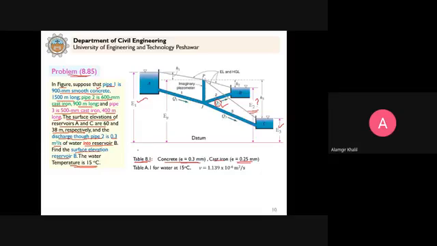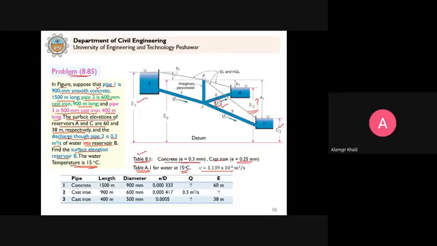Now the water temperature is given. So for 15 degrees Celsius, from table A1 in the appendix at the end of the book, you can read the kinematic viscosity.